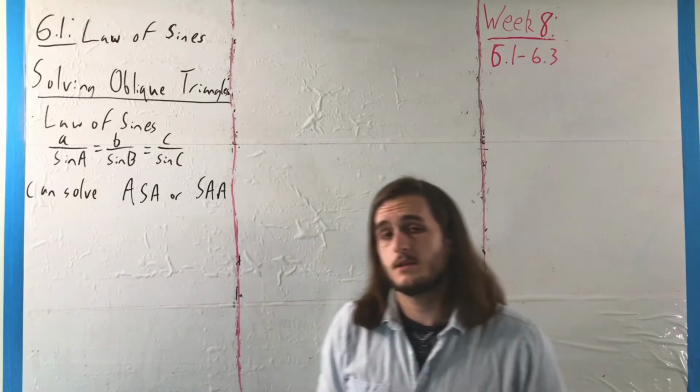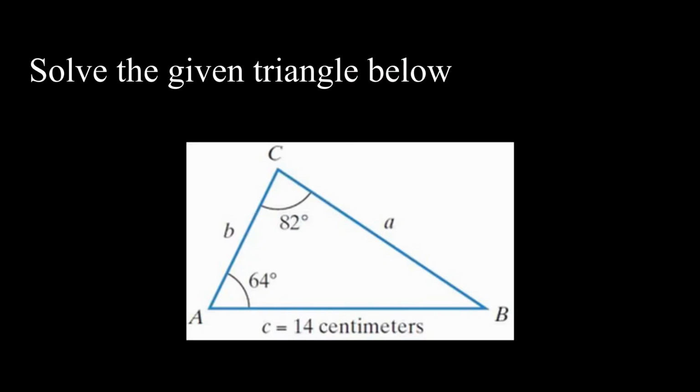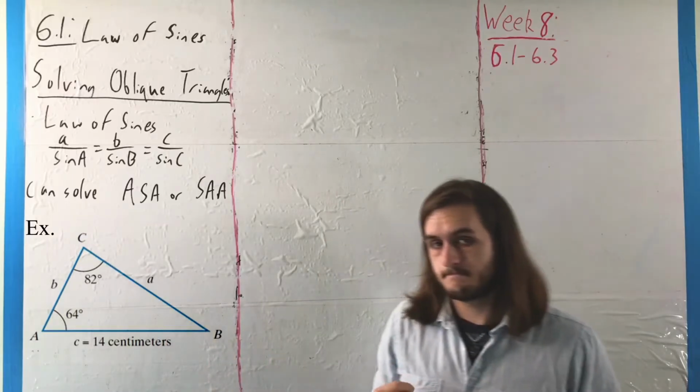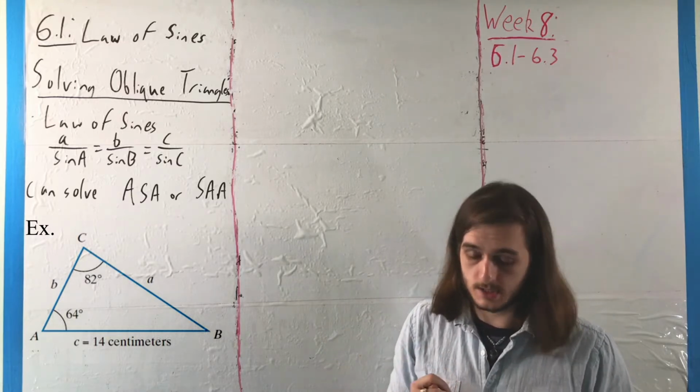So, to understand this, we're going to look at a couple of examples. For our first example, we want to solve the given triangle, where we'll notice this is not a right triangle, and we have two angle measurements and one side measurement, where in particular we have an angle opposite and an angle adjacent to the side.